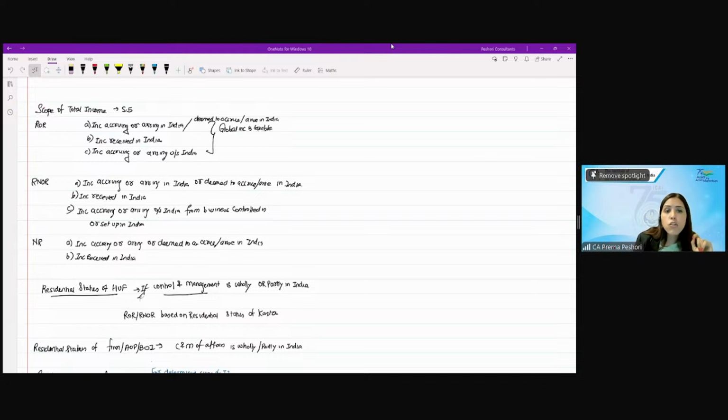He's working in USA and he has a property in India. Now he was looking out to rent a property and he tells his friend that, look, I have a vacant property in Mumbai and I'm intending to let it out because now I'm staying in US.